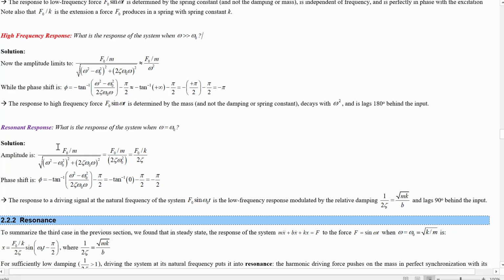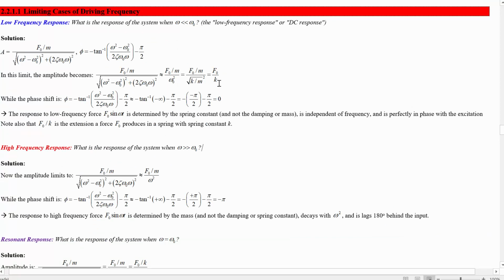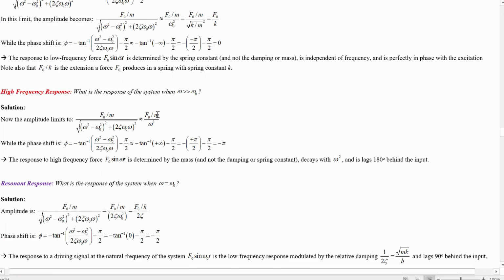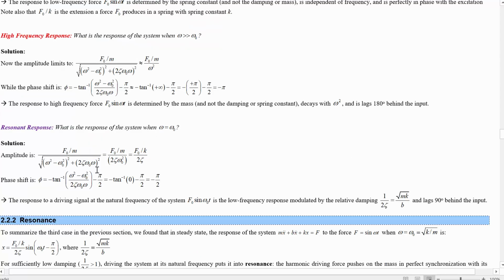Something interesting happens at resonance though. At resonance, so at omega naught exactly, then this term cancels and you have this term, which depends mostly on the damping. Remember how the low frequency was limited by k? The high frequency depends really on the mass, but the resonant one is most influenced by the damping.